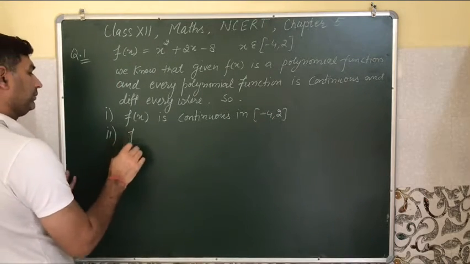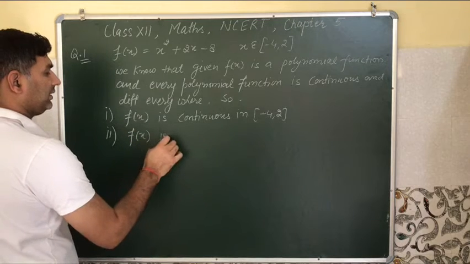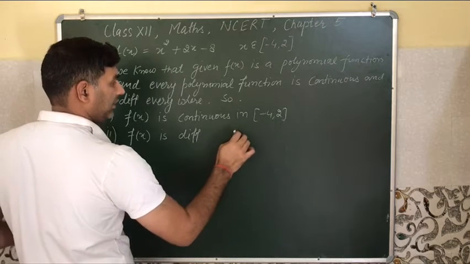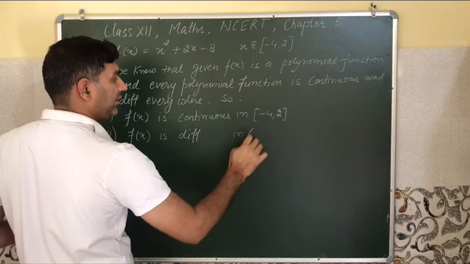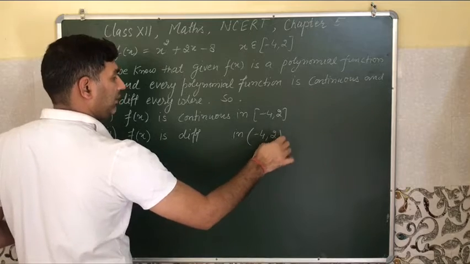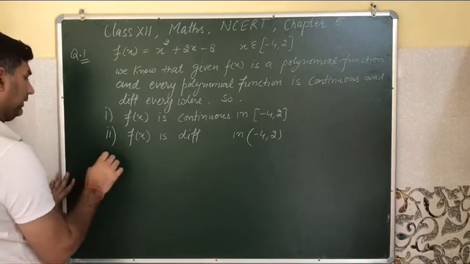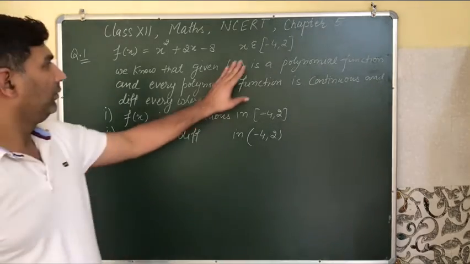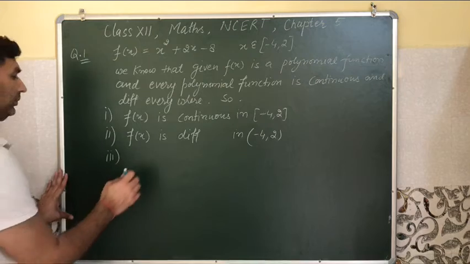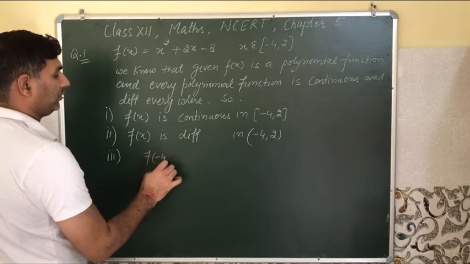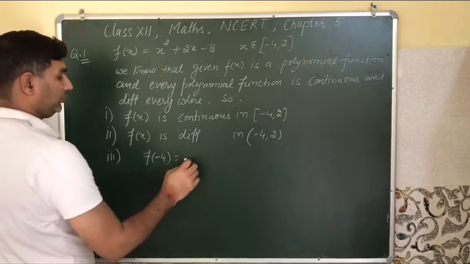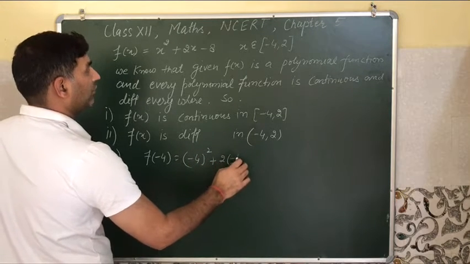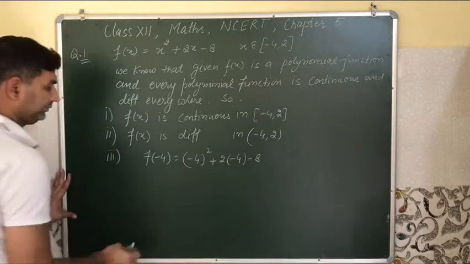Second, f(x) is differentiable in the open interval (a, b). And third, find f(a) and f(b). f(-4) is equal to (-4) square plus 2 into (-4) minus 8.